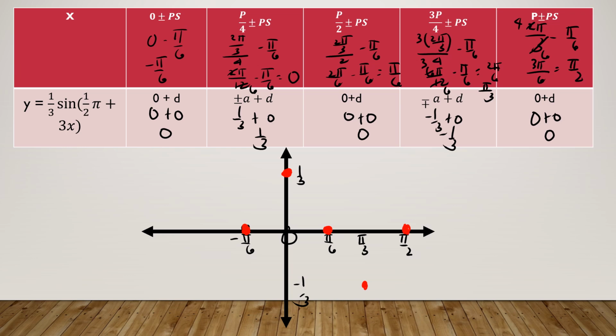Now, we need to connect the dots by drawing a smooth curve. Okay, so we're going to extend this one and this one. It implies that it's going from this side and it will be going to the right side. So this will be the graph of the given trigonometric function.